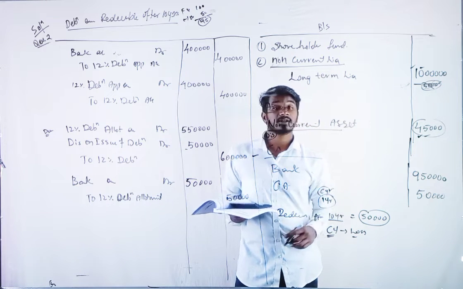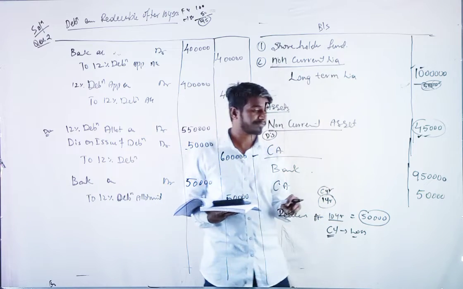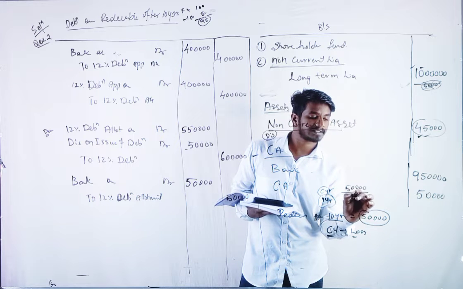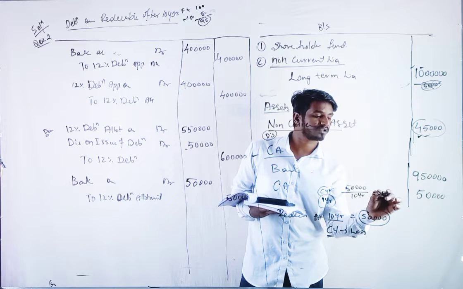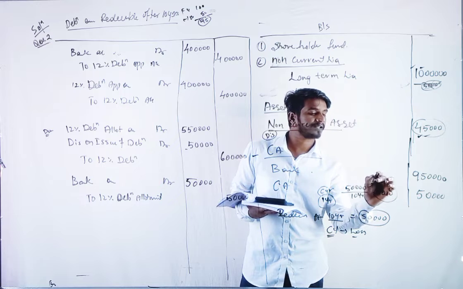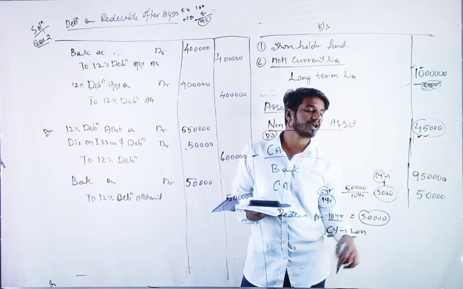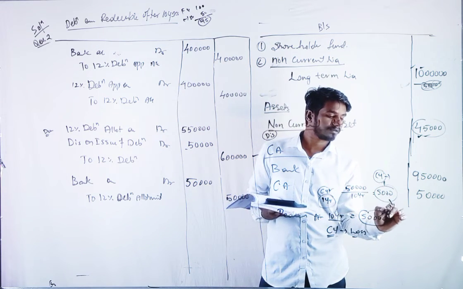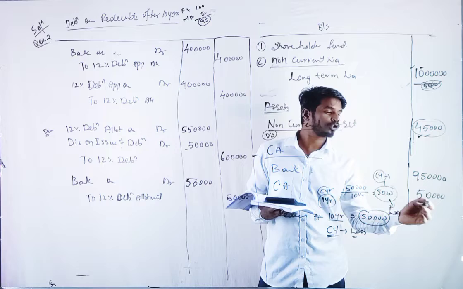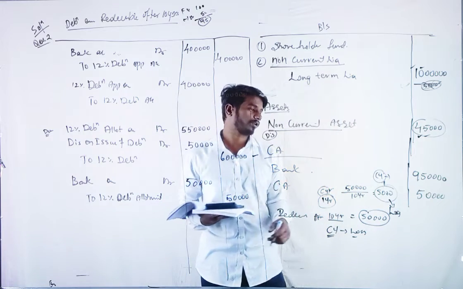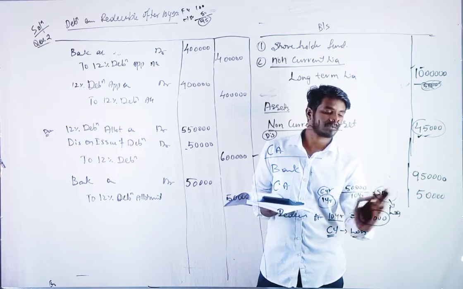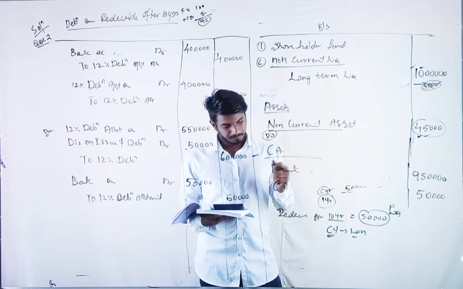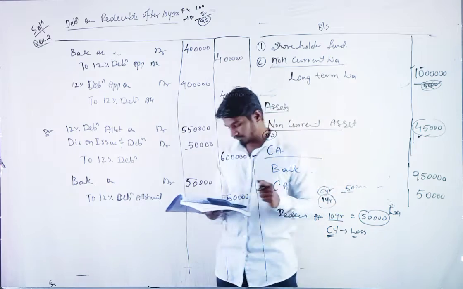We should show the current year's portion. 50,000 divided by the redemption period of 10 years is 5,000 per year. This 5,000 is related to the current year loss. We should show it separately, as a current asset. Okay. Is that fine?